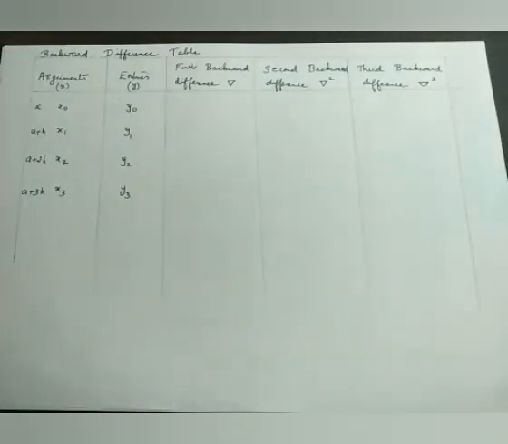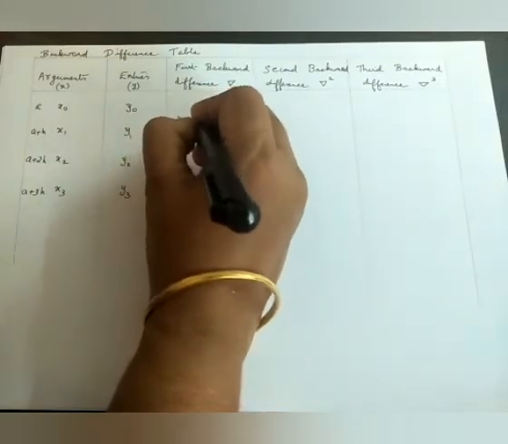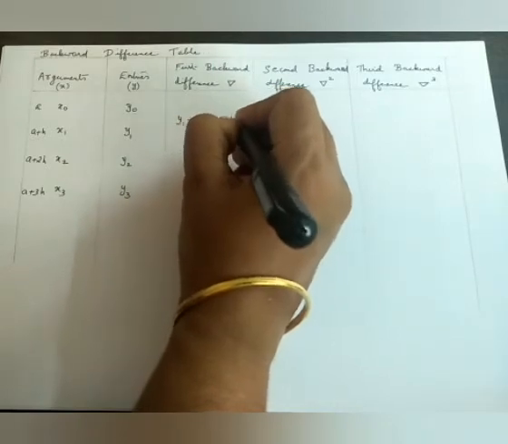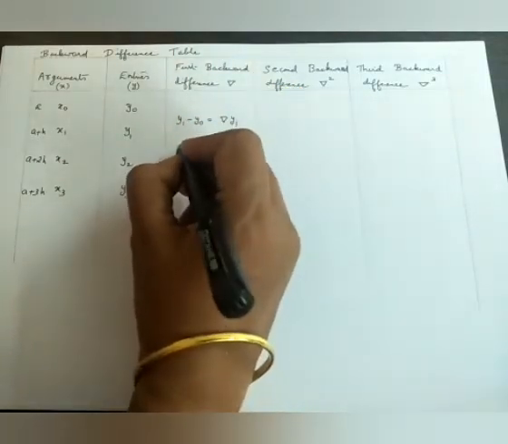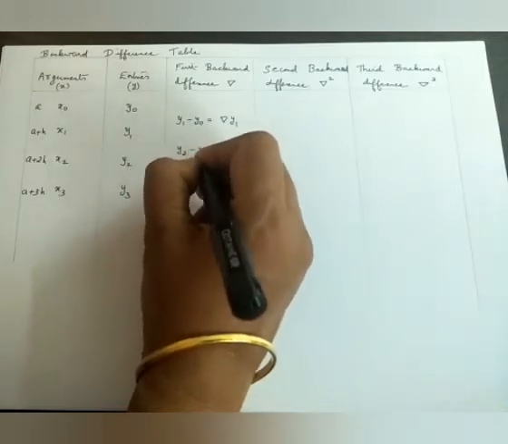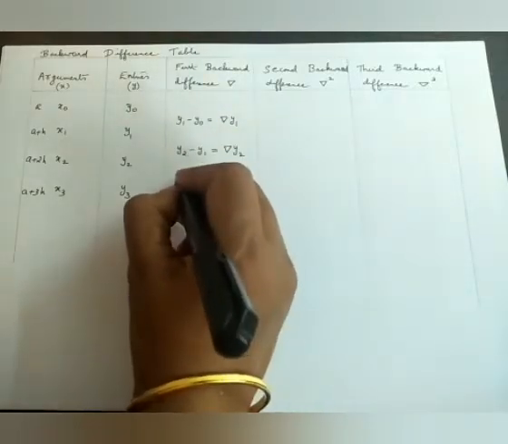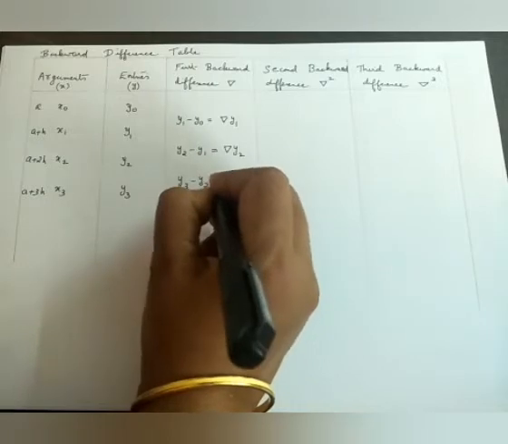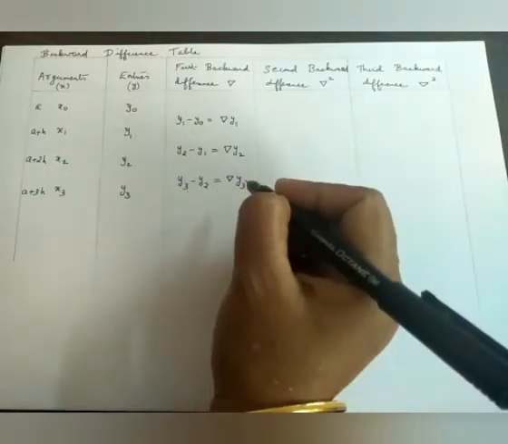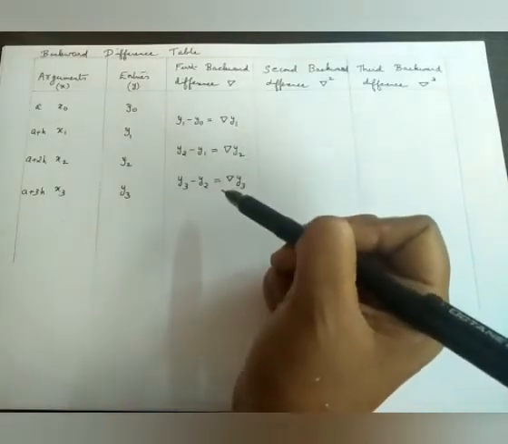We can form the differences. The first backward difference is y1 minus y0, denoted by del y1. The next is y2 minus y1, which is del y2. Third one is y3 minus y2, which is del y3.